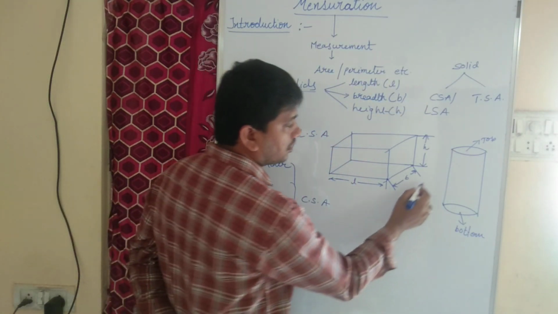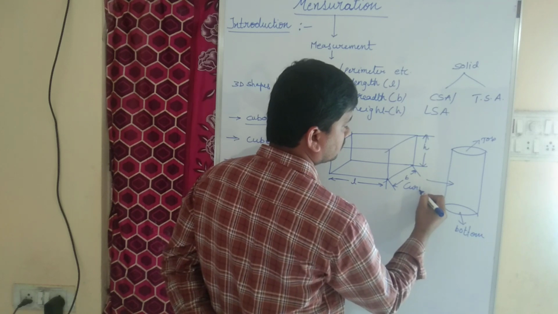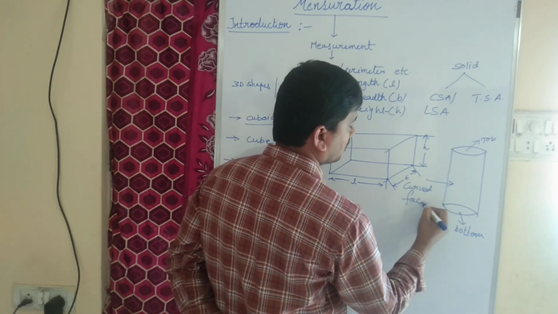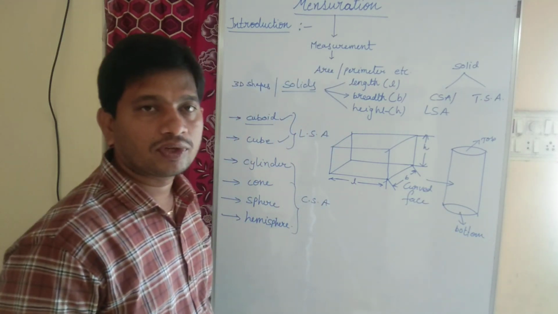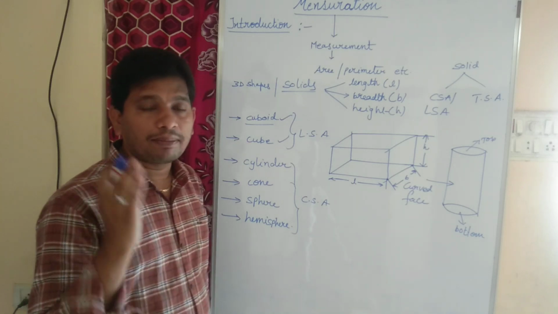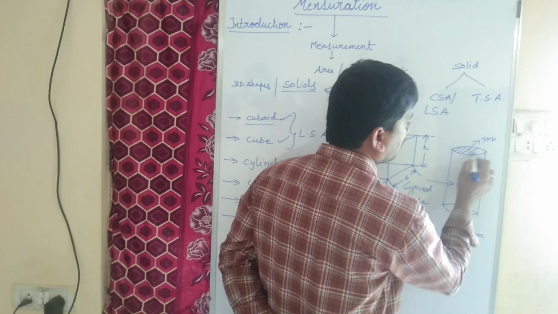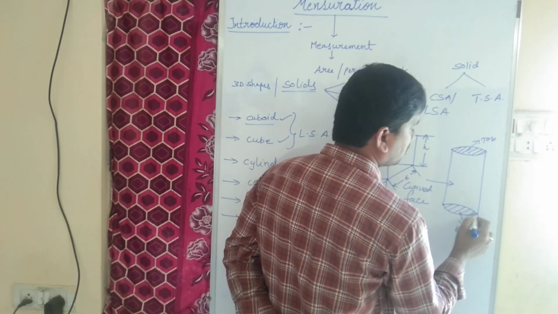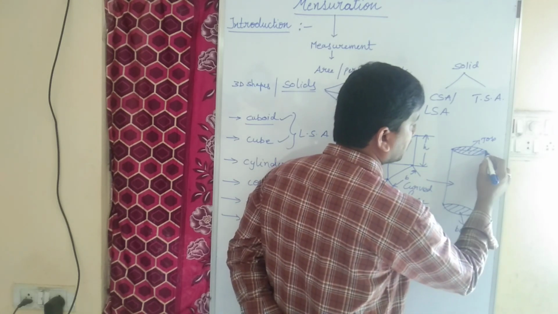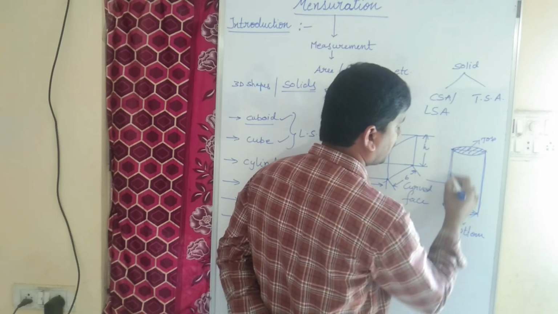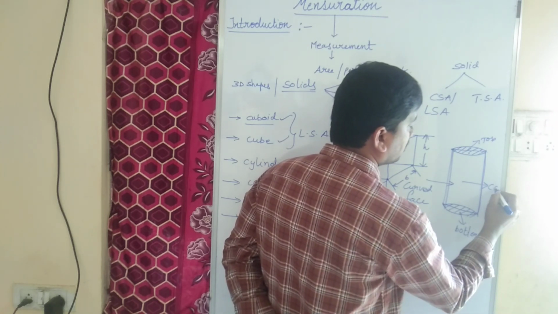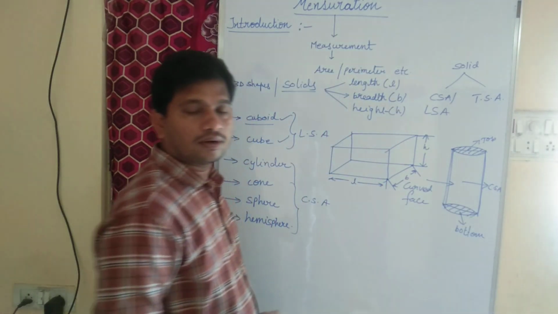And this is our curved face. So CSA, I mean curved surface area, is nothing but except top face and bottom face, whatever the area we left over here, this is called our curved surface area.